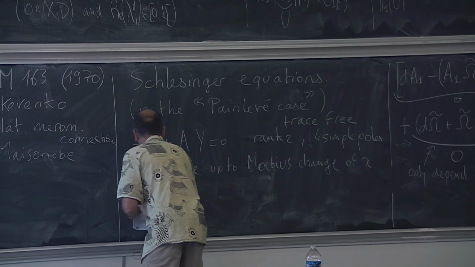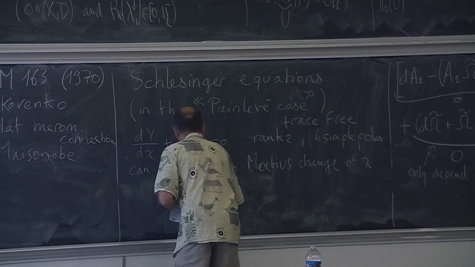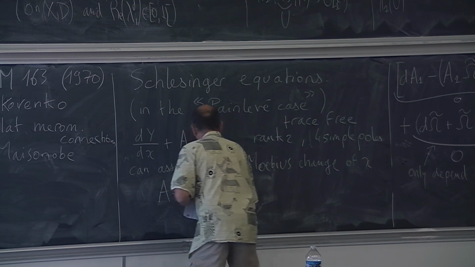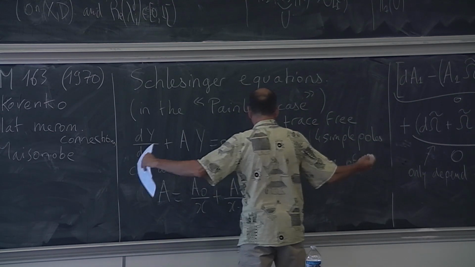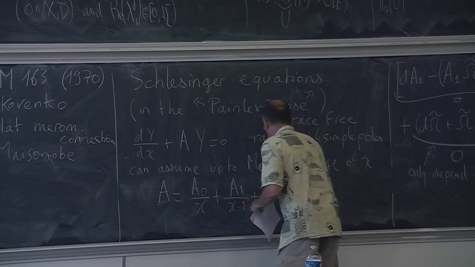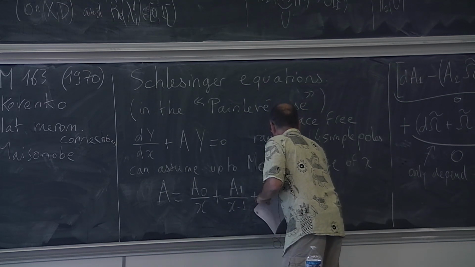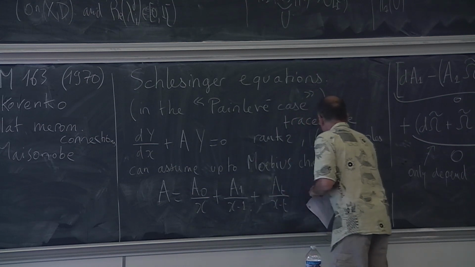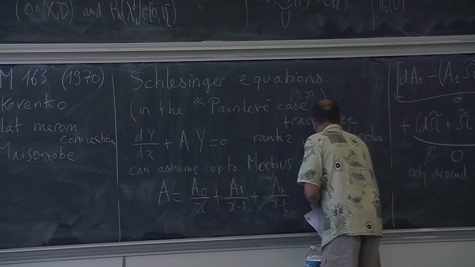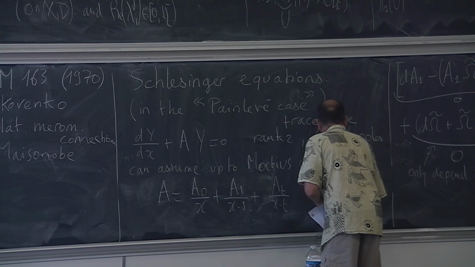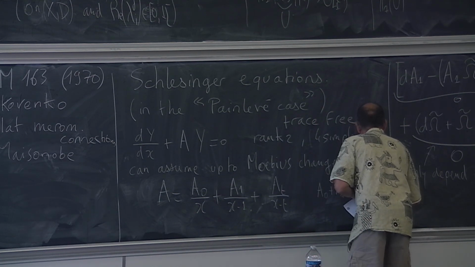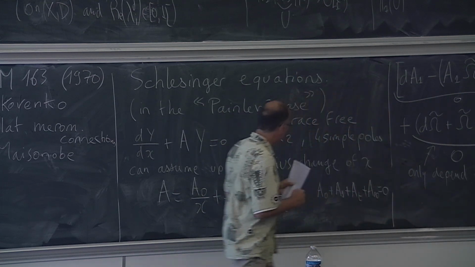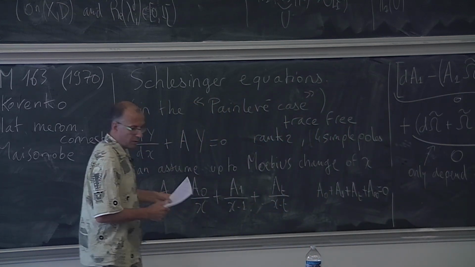You have A equal A0 over x plus A1 over x minus 1 plus A_t over x minus t. So I put 3 of the poles at 0, 1, and t, and there is a pole at infinity whose residual part is given by the following relation. It is minus the residues of the other matrices.